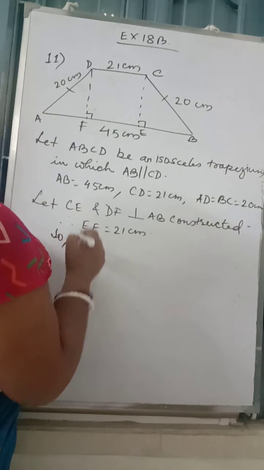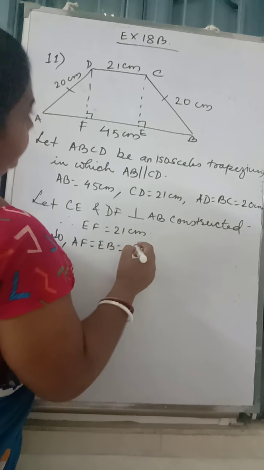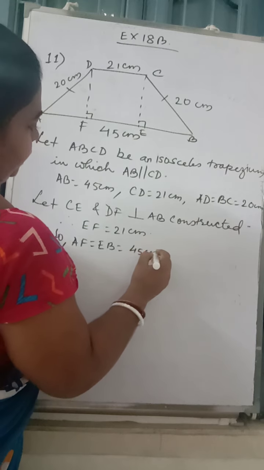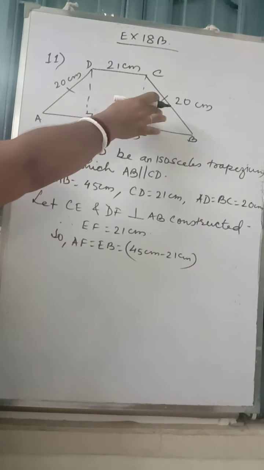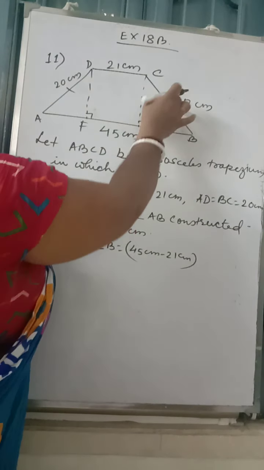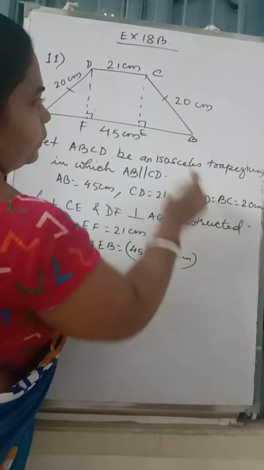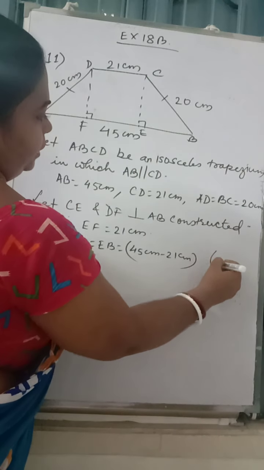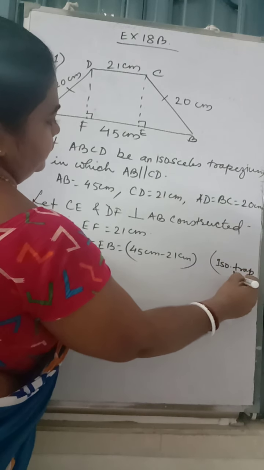So AF is equal to EB is equal to 45 centimeter minus 21 centimeter, divided by 2. As we know, in an isosceles trapezium, the base is divided equally. If this is equal, so this would be equal, according to the isosceles trapezium property.